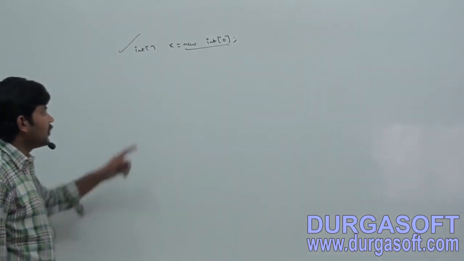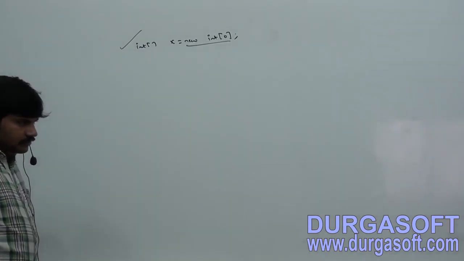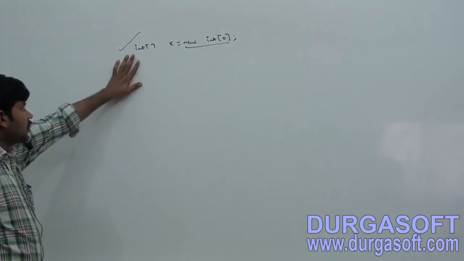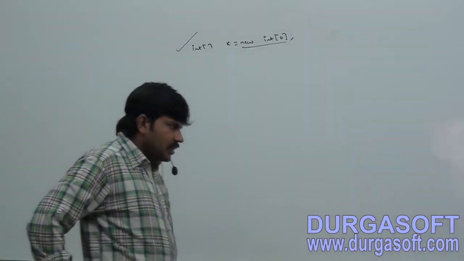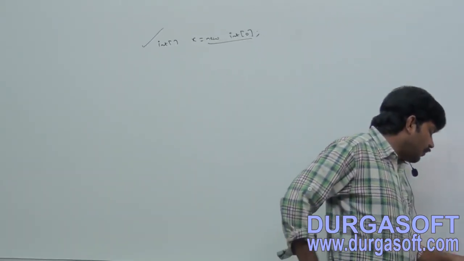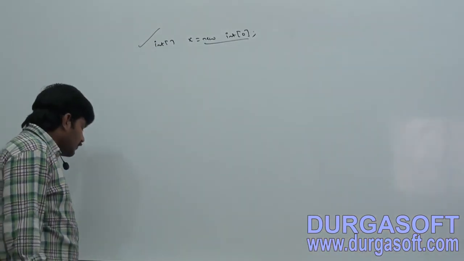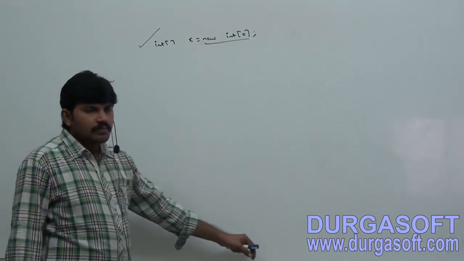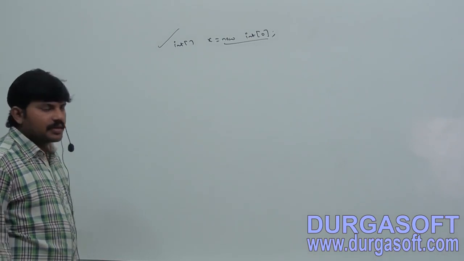Okay, take that example clearly. int[] x = new int[0]. Completed, right?